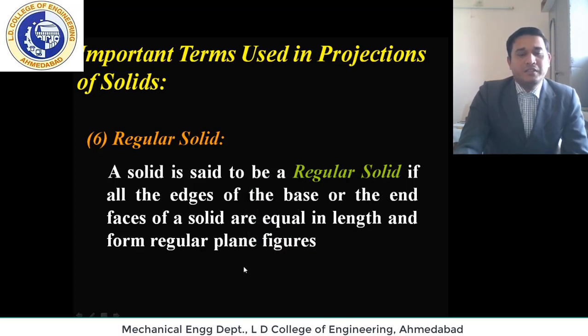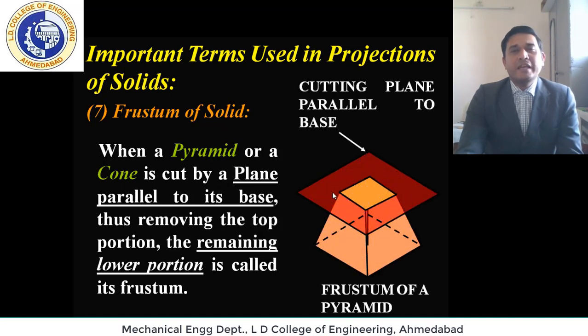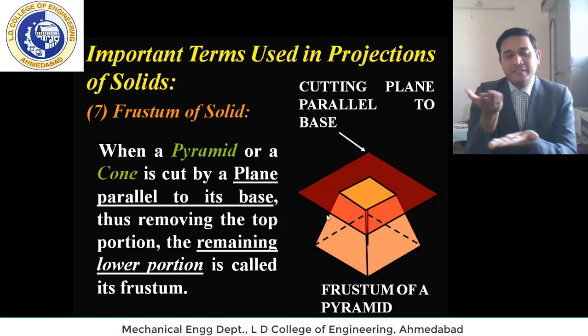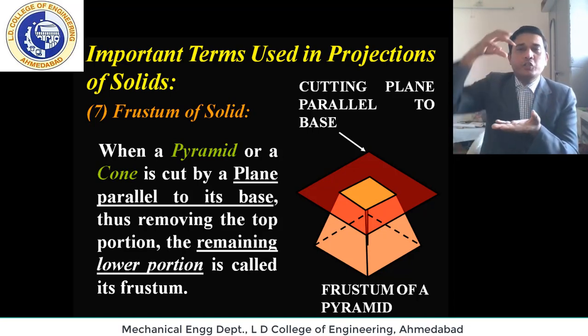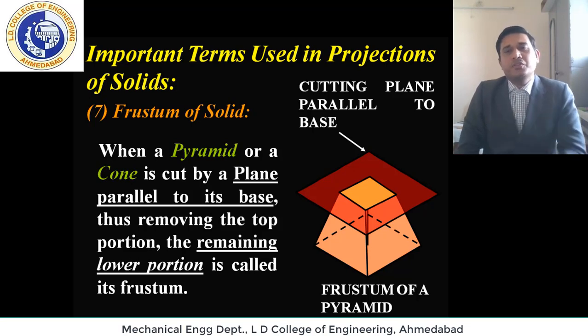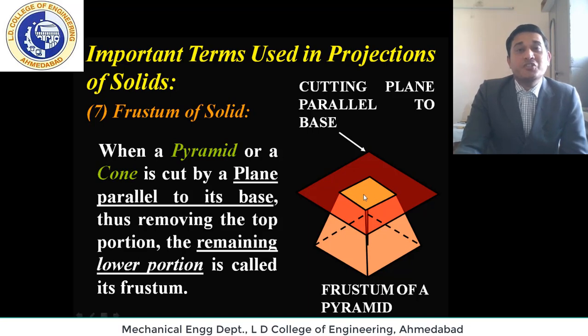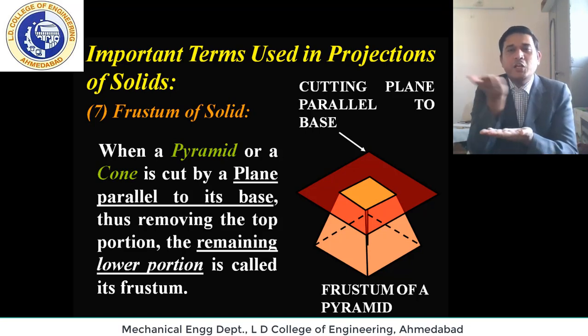Now, frustum of a solid. Frustum of a solid means, friends, if we have a full pyramid from the apex to the base, and we cut the solid by a cutting plane which is parallel to the base, the topmost portion that is cut we remove, and the remaining bottom portion is known as the frustum of a pyramid. Similarly, we can consider a cone and cut it with a horizontal cutting plane parallel to the base.